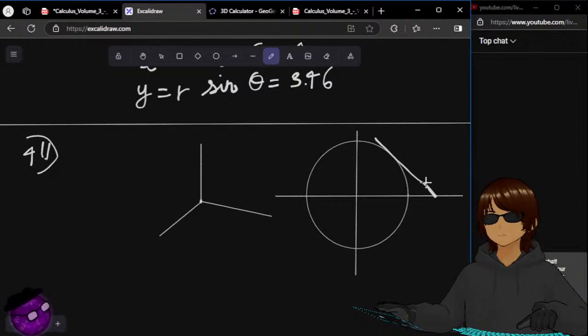So where is this not defined? If t is 90 degrees, then it won't be defined. Similarly, if t is over here, 270 degrees, then it won't be defined.